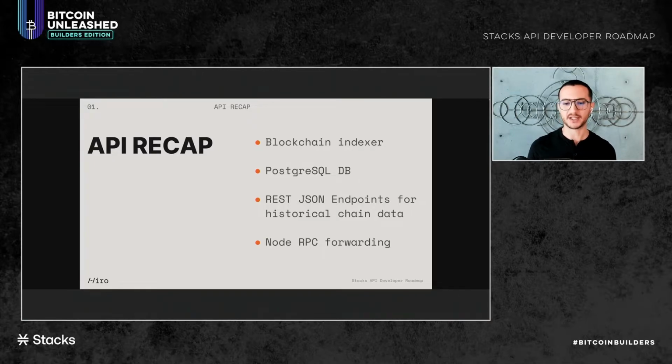And we also provide node RPC forwarding, which means if developers want to broadcast transactions or make contract calls, the API allows them to do so without having to run a node themselves.